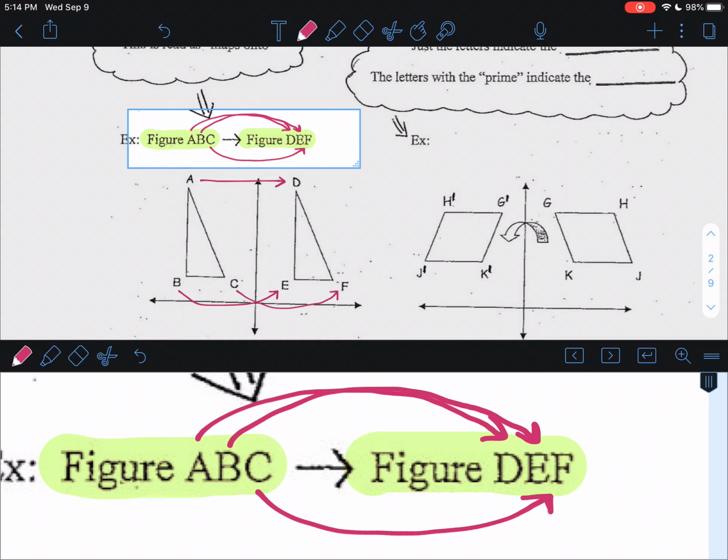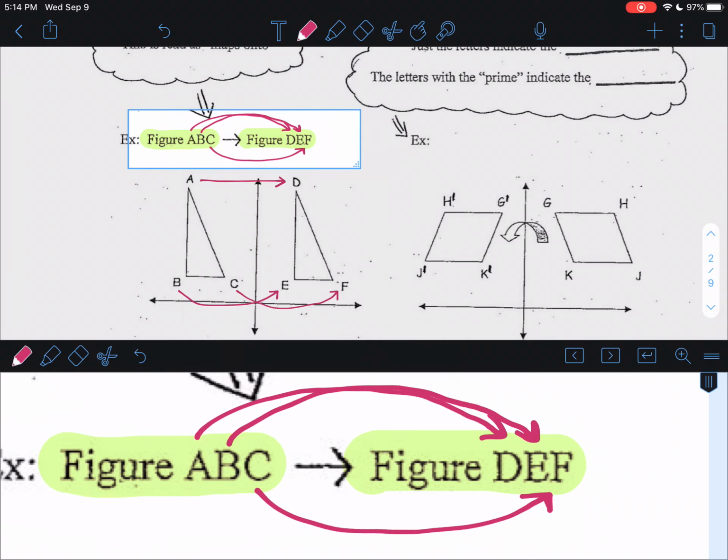So they have to be in order. I can't say figure ABC maps onto figure FDE. That doesn't make sense, because that would imply that A mapped onto point F, when it didn't. It mapped onto point D, because all it did was shift. Okay.